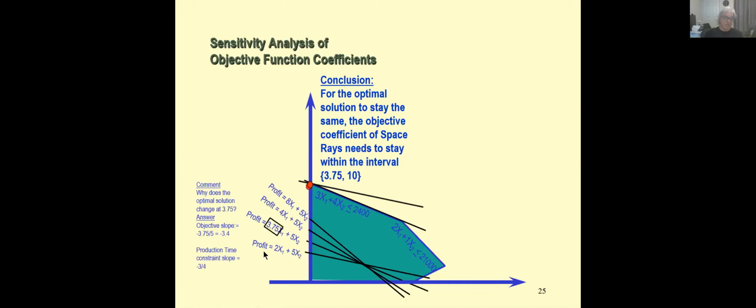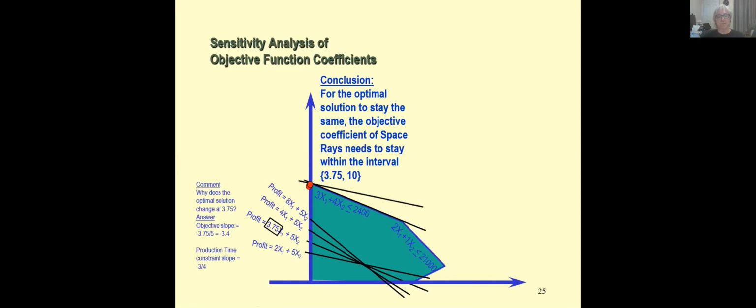Now you say, what if the profit per space rate has been underestimated, and in fact is $9, it's not 8. And management might come to you and say this. So now the rotation will go the other direction. If all the rotations here were counterclockwise, now you'll start to rotate clockwise. Because now the slope is negative 9 over 5 instead of 8 over 5, so it's more negative.